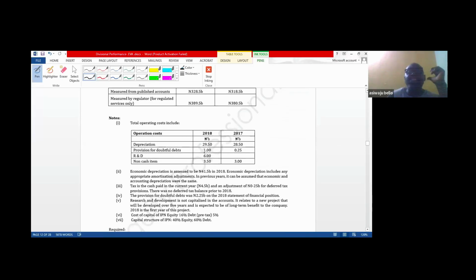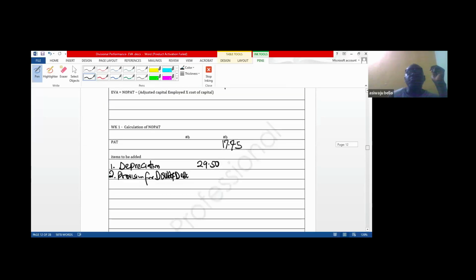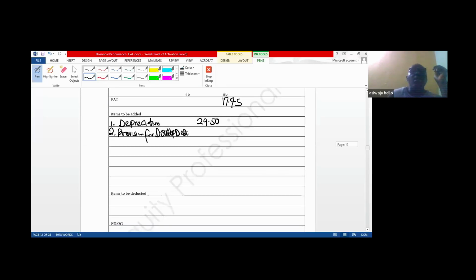For 2018, provision for doubtful debt is 1 billion. $1.00.